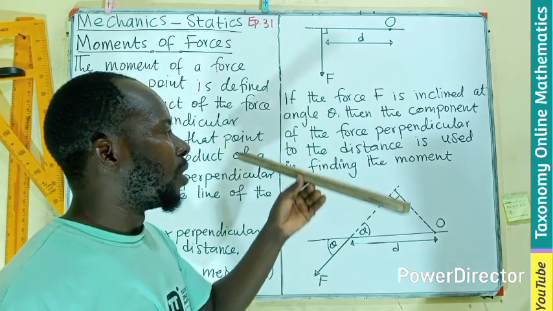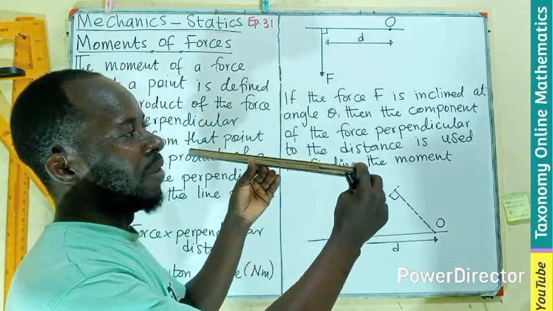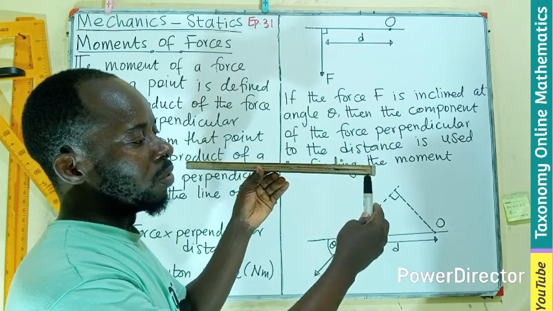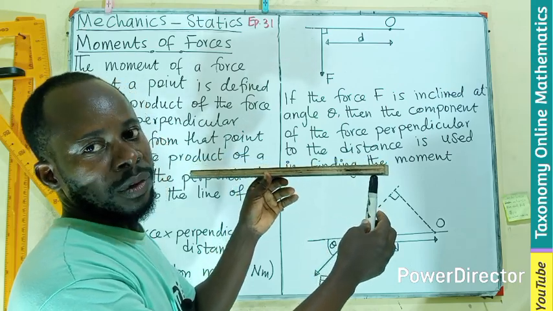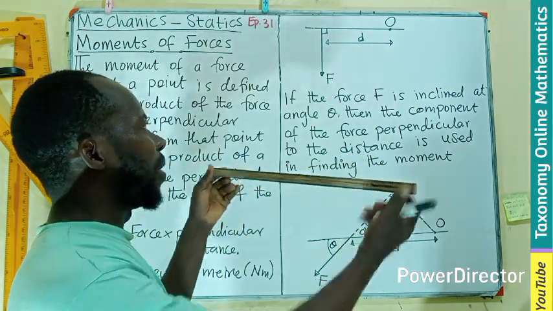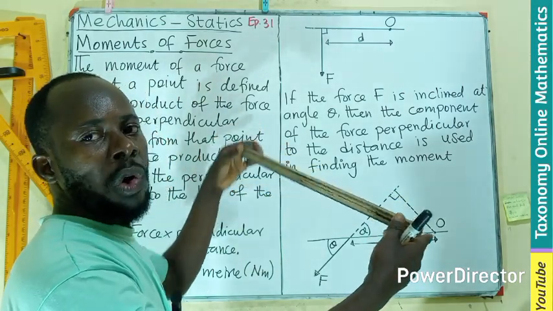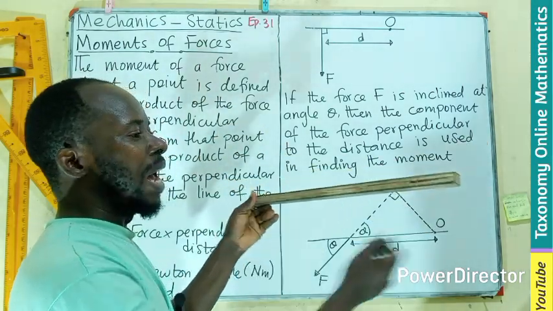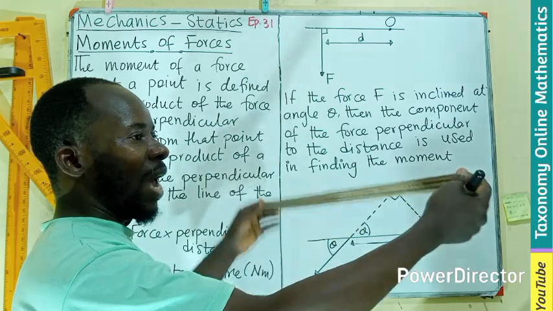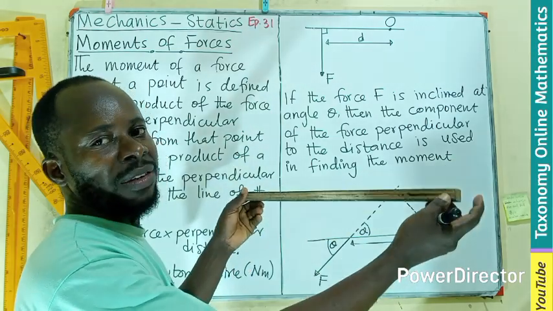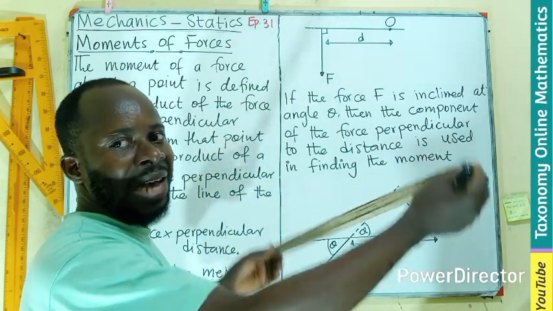So if this is a rigid body and it is fixed or placed on a particular pivot, then if a force is applied here, either upward or downward, this is the line of action, and this is the point. So we are turning it about the axis here.